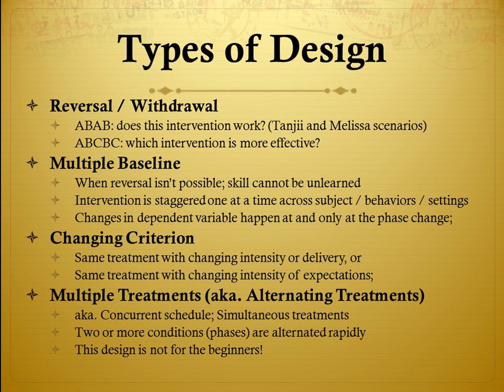These are more sophisticated approaches to single subject, which we will probably not get to given that this is a survey course. Same thing with multiple treatments. If you want to look to your textbook or research online, you can look at examples of changing criterion and multiple treatments. For our purposes, though, we're just going to look at those first 2 types, reversal withdrawal and multiple baseline.